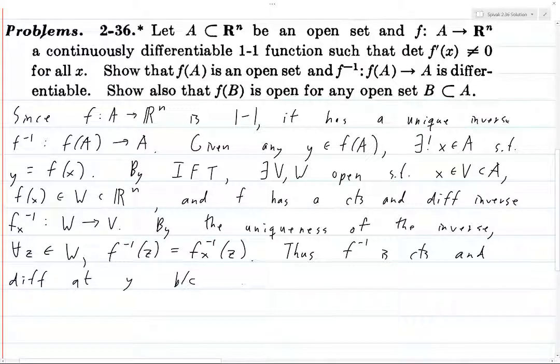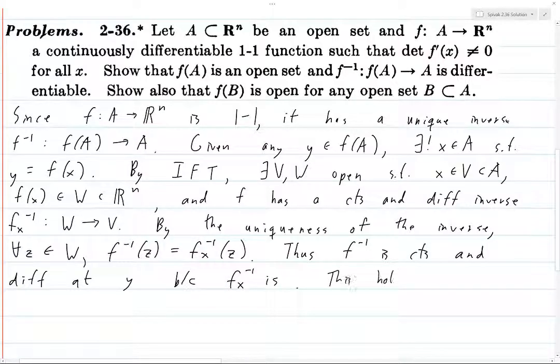So basically, f inverse and the local inverse are identical on W. And so we also know that the local inverse is continuous and differentiable on W. And so f inverse also needs to be, because it's the same function.